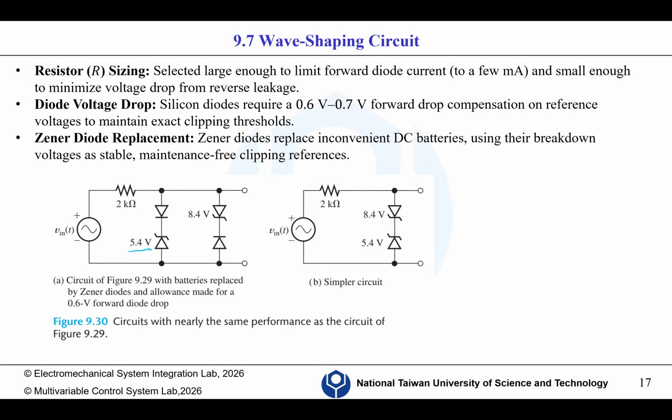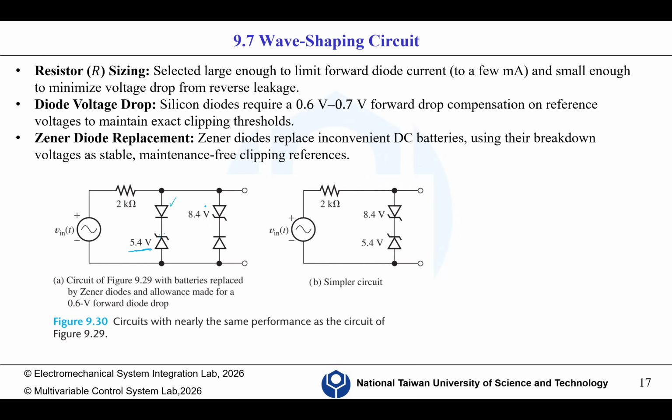You see the Zener diodes are in the opposite polarity from the diode. The direction of the Zener diode is against the diode it is in series with.